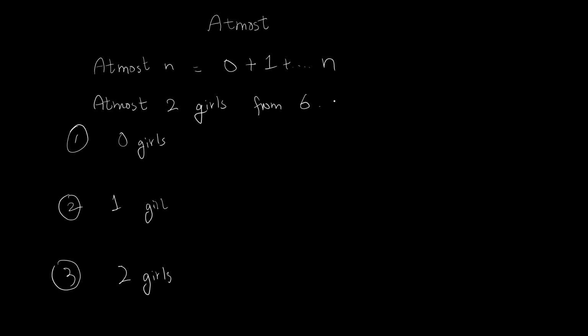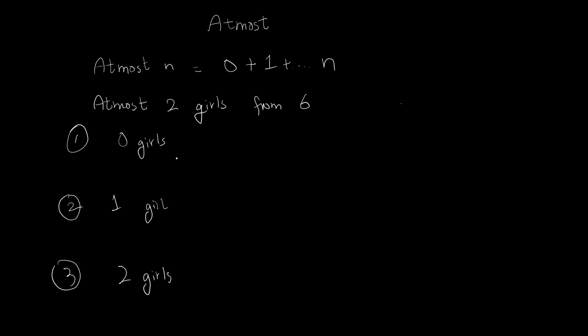From 6 and the remaining, we can just solve this one for now. So 0 girls means r is 0.